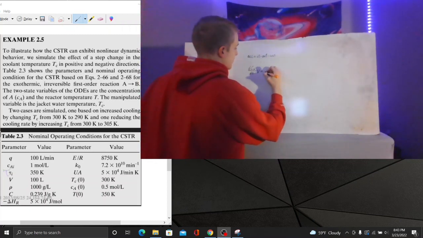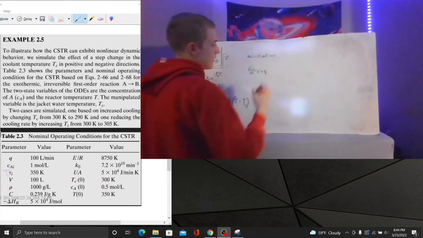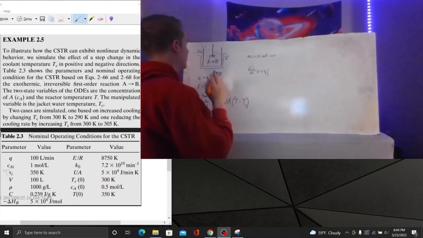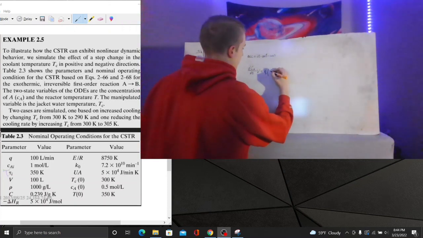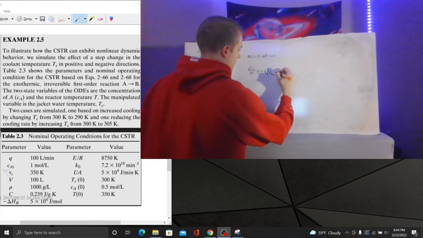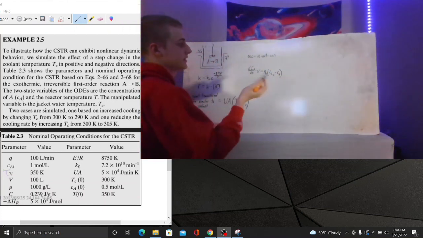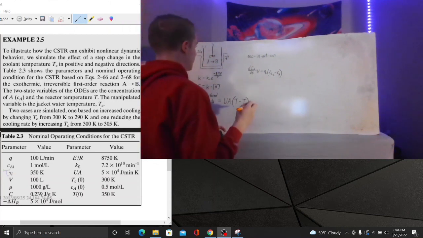So that'll mean we can just put the Q there and multiply by both our concentration going in minus our concentration out, which will just be CA.